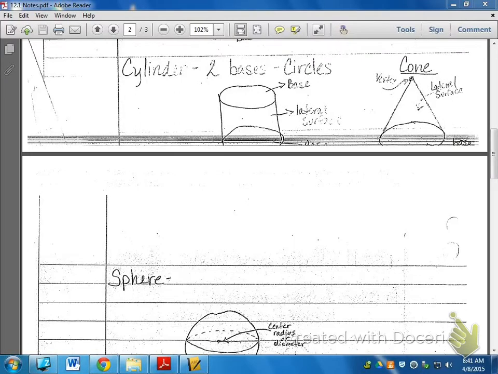Okay, other three-dimensional figures include a cylinder, a cone, and a sphere. A cylinder is comparable to a prism because it has 2 bases, but the main difference is for a cylinder, the bases always have to be circles. The lateral surface is this side.